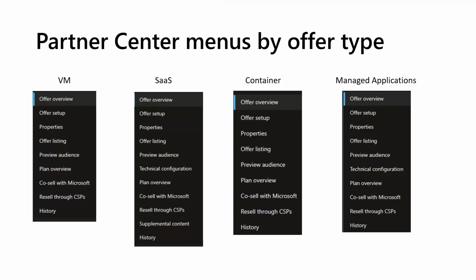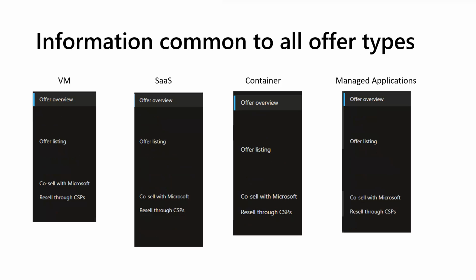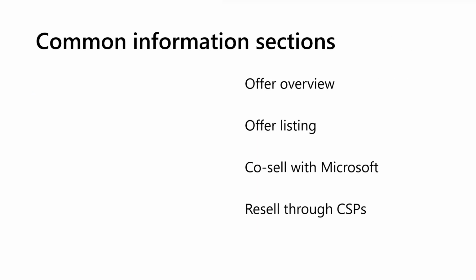Now, some sections, like offer properties, appear on all offer types but ask for different information. So we won't cover those in this video. If we take away the sections that just ask for different information per offer type, you can see what we're left with, and that's just 4 menu items. These are the sections we'll be focusing on in this video and in the forthcoming demos.